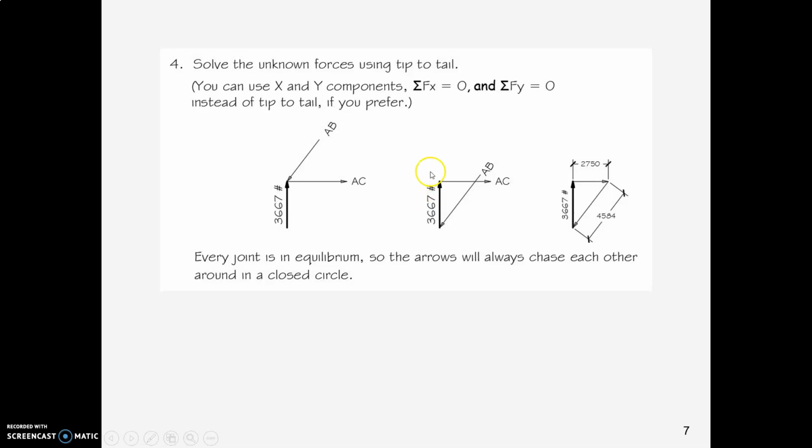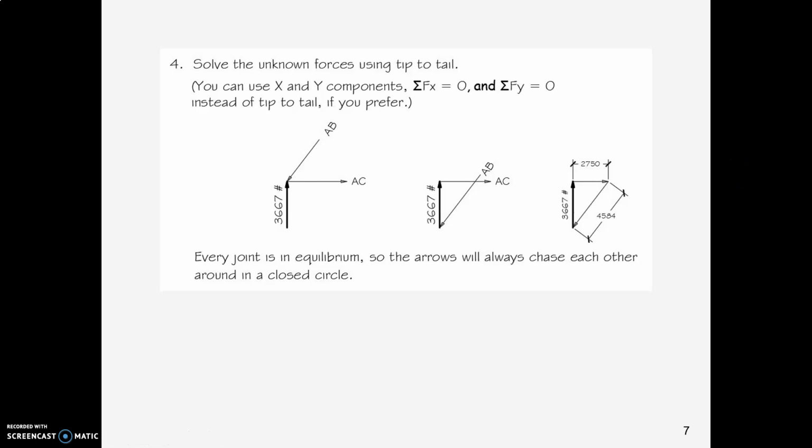And I'll make sure that these arrows are all going tip to tail, around in a circle. When I get that, I can then measure the length where these arrows intersect, and I find out that the slopey one measured 4584, and I found out that the horizontal one measured 2750, as it happened.